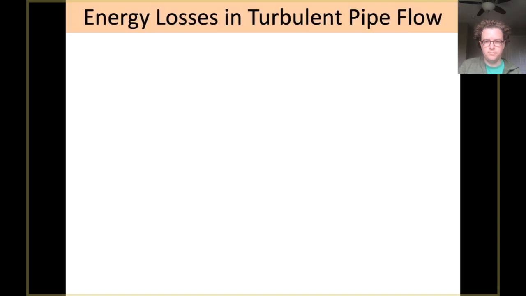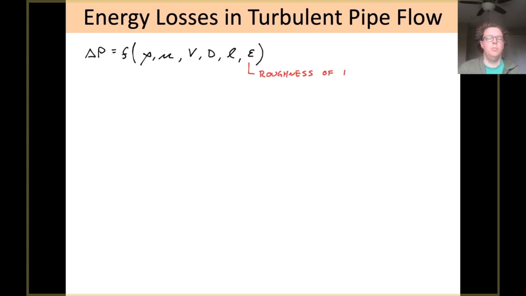All right, so if we were setting up a dimensional analysis problem, it might look something like this, where the pressure drop, delta P, is defined as a function of several other variables. Those might include the roughness of the pipe, epsilon, the geometry of the pipe itself, so its diameter D and its length L, the kinematics of the problem, how fast is the flow moving.